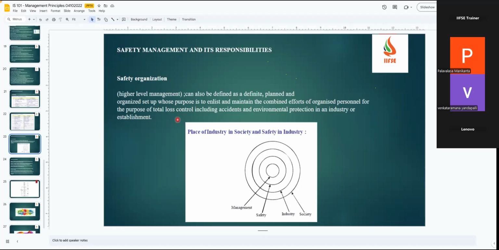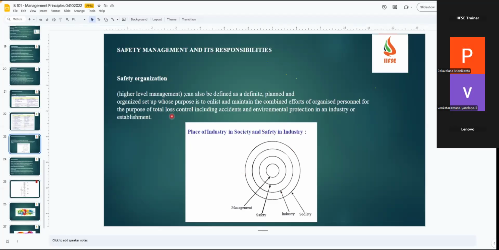The other is the loss of production, loss of materials, loss of machinery or equipment. When you try to control the human-related accidents as well as the machinery-related damages, that is called total loss control. In the upcoming sessions, we can cover this in detail.